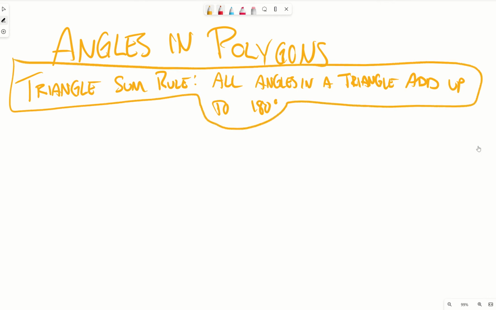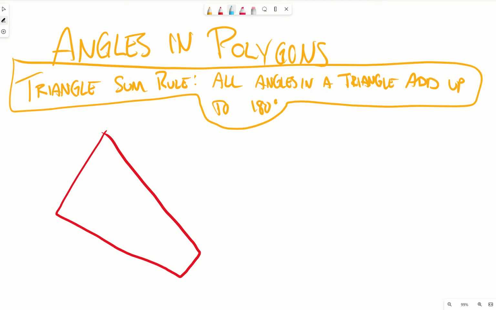So if I had a quadrilateral, something kind of like this, and really any shape can work here, but we're going to stick with a quadrilateral.